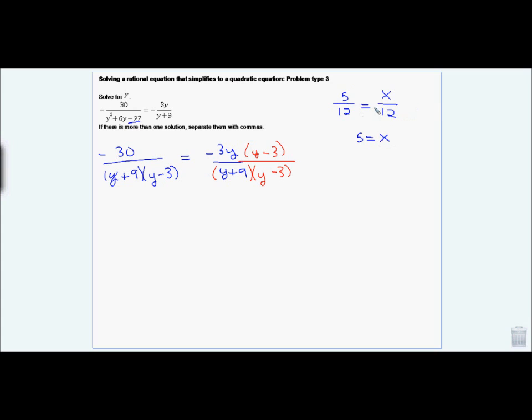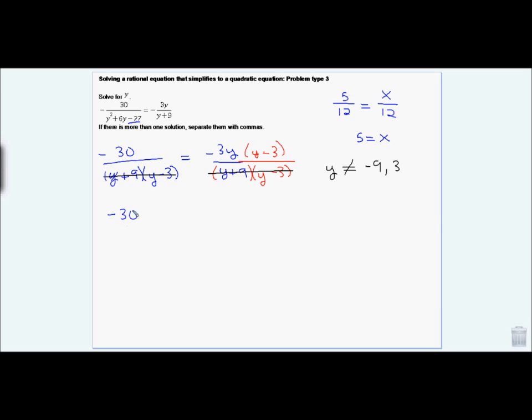No other number would work. So now that I have identical denominators, I don't really need to deal with them anymore, except to know that y cannot equal -9 or +3, because that would give me zeros in the denominator. Other than that, those denominators are now useless, because I know that this numerator has to be the same as this numerator if these two fractions are in fact equal.